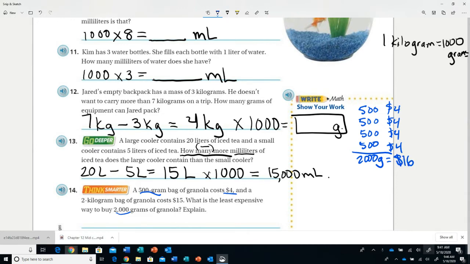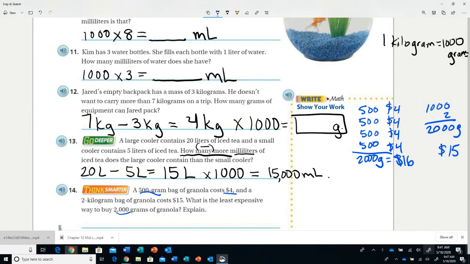Okay, now I could go to Costco and buy a 2-kilogram bag for $15. Well, I know that 2 kilograms is 2,000 grams. So if you buy a bigger bag, you pay $15.